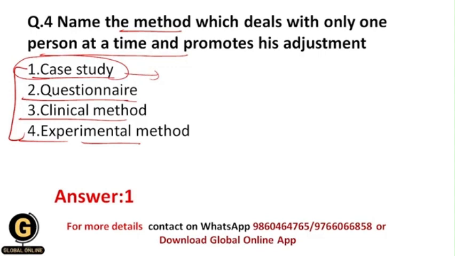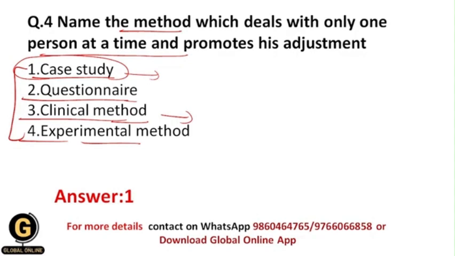Within the clinical method, this is the method used in clinical areas such as within the laboratory or within diagnostic labs. In the clinical method, a researcher can do a study on a single person, and maybe also on a group of people who have common characteristics.